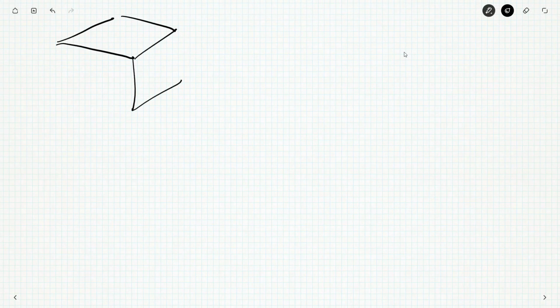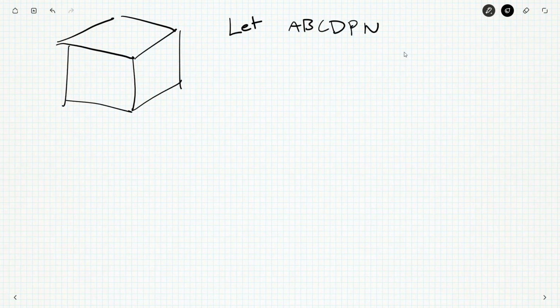So now that I'm better acquainted with what M is, I'm going to draw a complete cube. So I'll say something like, let A, B, C, D, P, N. We've got to give names to these.